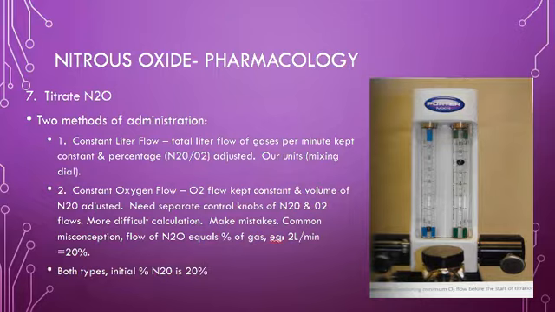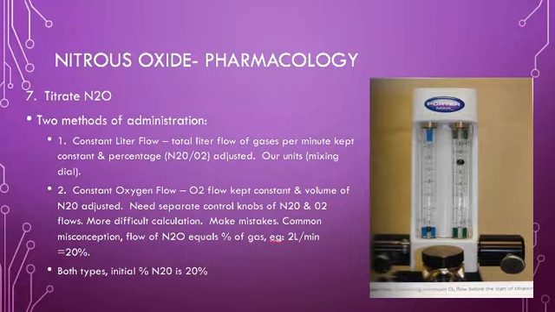So the total liter flow of gases per minute is kept constant, and the percentage of nitrous oxide is adjusted. And our units have a mixing button, so you can tell the system exactly how much nitrous oxide you want, and it automatically will adjust the nitrous oxide and oxygen balances to reflect that percentage.